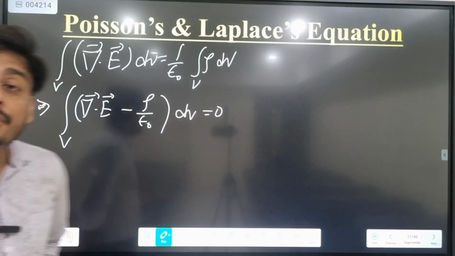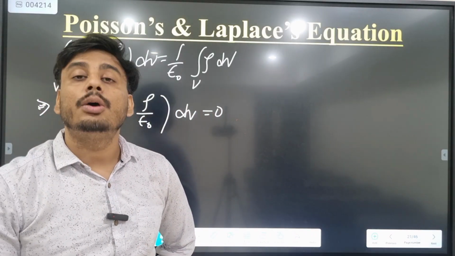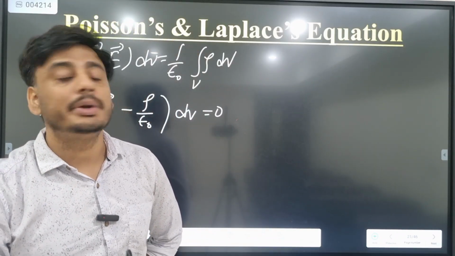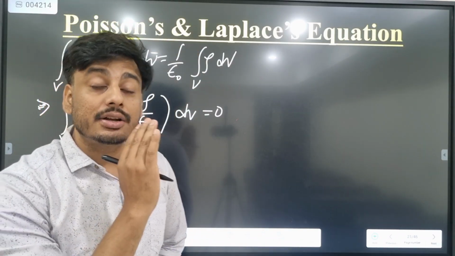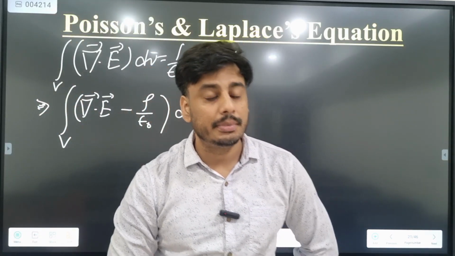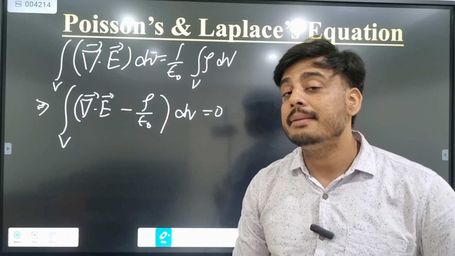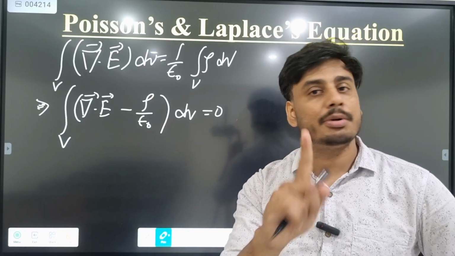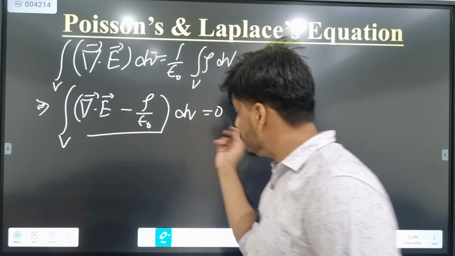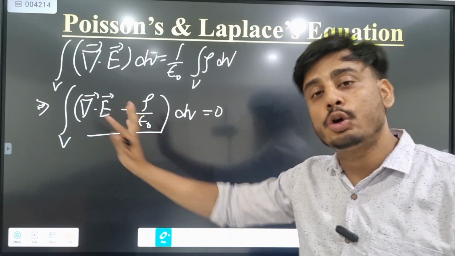If the integration of a quantity is 0, the only possibility is that the quantity is 0. Because if we integrate a constant, we will get some value except 0. But if it is a derivative, then the derivative of a constant is 0, but the integration of a constant quantity is not 0. So the integration of this term being 0 means the only possibility is that this term is 0.